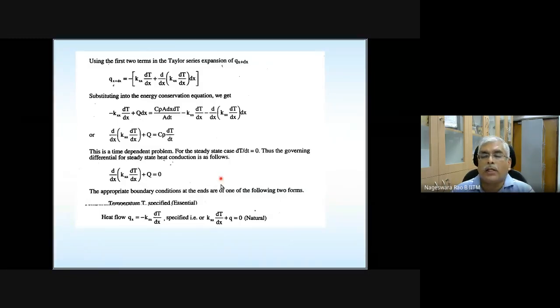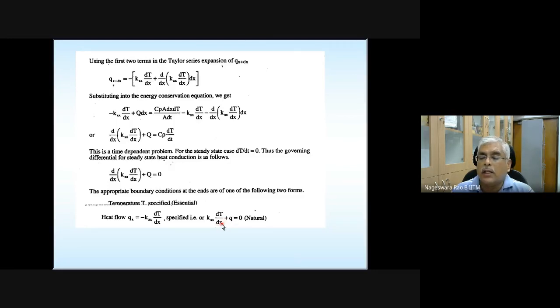So for this problem, what are the boundary conditions? Either temperature can be specified or heat flow can be specified. So this is like an essential boundary condition, and this is like a natural boundary condition. If you take a specific problem and see the boundary condition T is specified, T is equal to T naught, some value, and this is the natural boundary condition, from which you can easily identify, comparing with the general boundary value problem, what alpha is, what beta is, such kind of things.